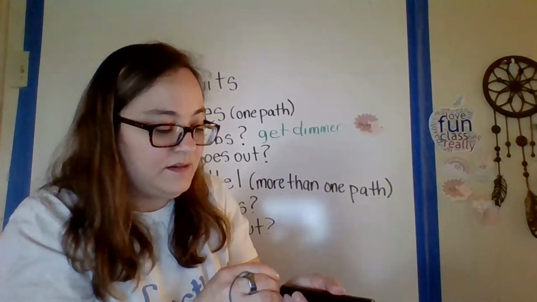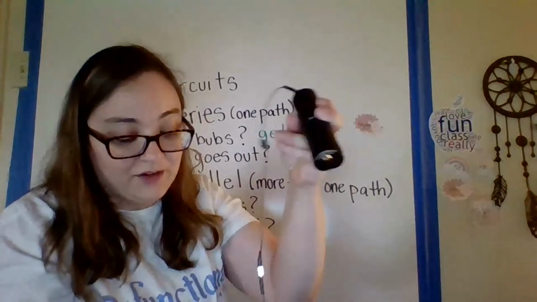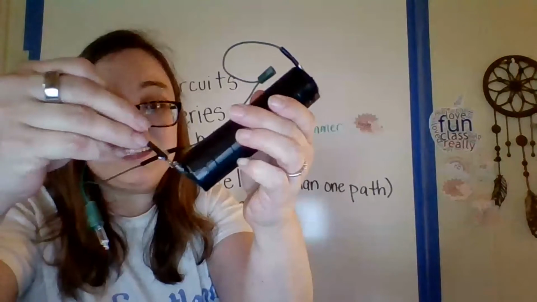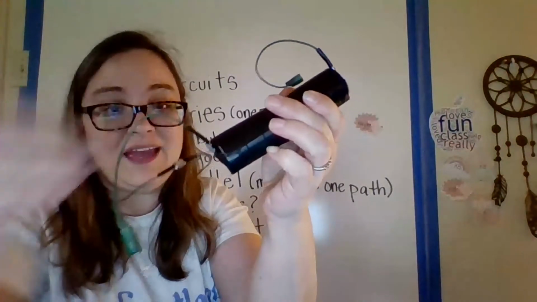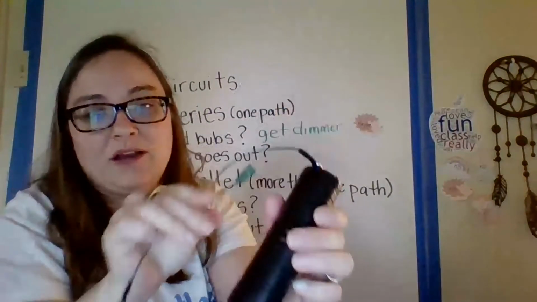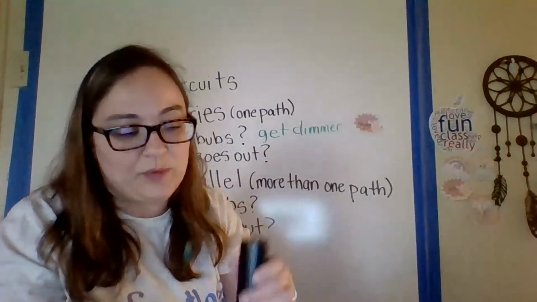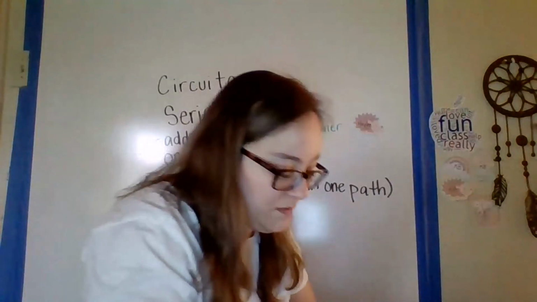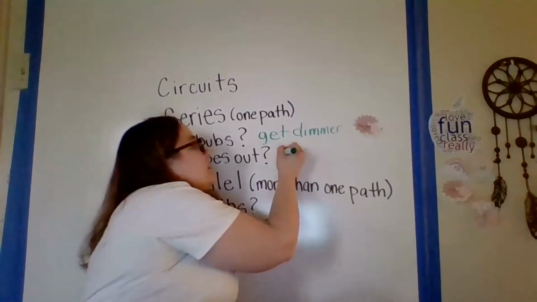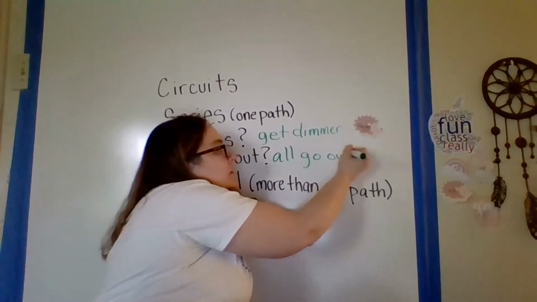And when I bring the other end of the wire toward the battery, that bulb doesn't do anything because that is now an open circuit. Because there's no bulb here, there's no complete pathway. So it's an open circuit. So if one goes out, they all go out.